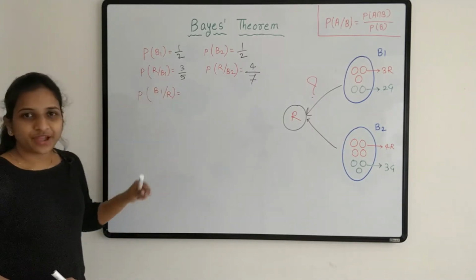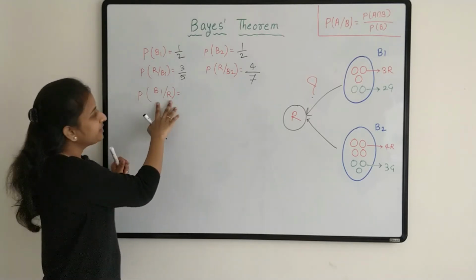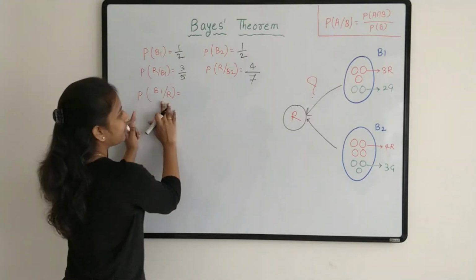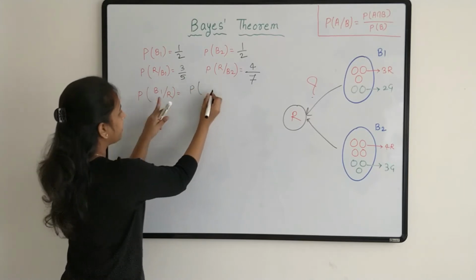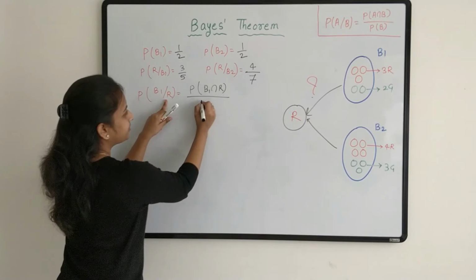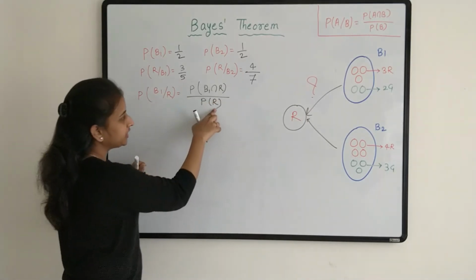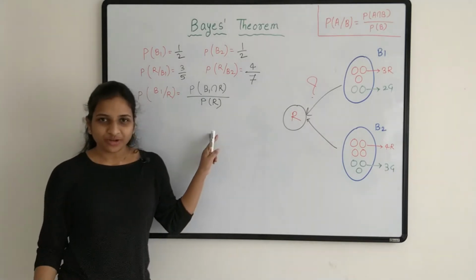Let's find this. Now using the conditional probability formula, for this I can write probability of B1 intersection R divided by probability of R. Whatever event has happened, put it in the denominator. This is our formula.